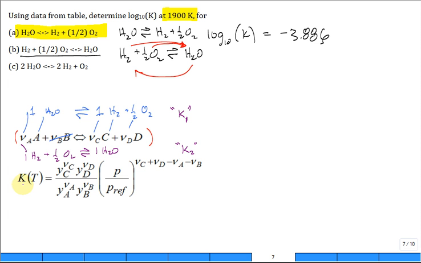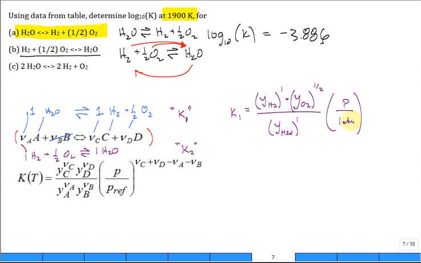If you look over here, K1 was equal to y sub C, y of H2 raised to the exponent 1, times y sub D, D was O2, raised to the exponent 1/2, divided by y of A, which is H2O, raised to the exponent 1, times the total pressure over 1 atm raised to the power nu sub C 1 plus nu sub D 1/2 minus nu sub A 1.